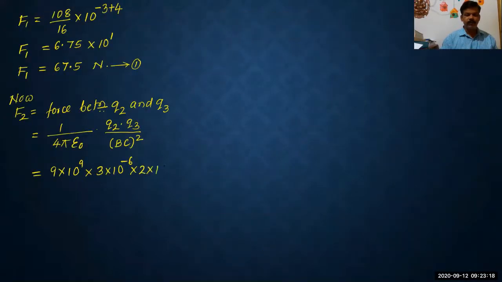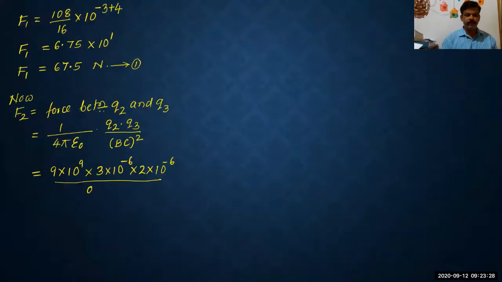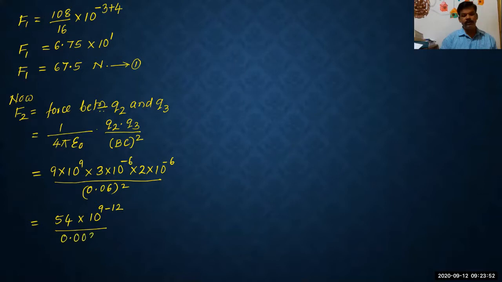So 10 raised to minus 6 divided by... What is BC? See, we have noted BC as 0.06. Therefore, it is 0.06 whole square. Now, just multiply 9 and 6, because 3 2s are 6, 9 6s are 54, into 10 raised to 9 minus 12, and the denominator will be 0.0036.